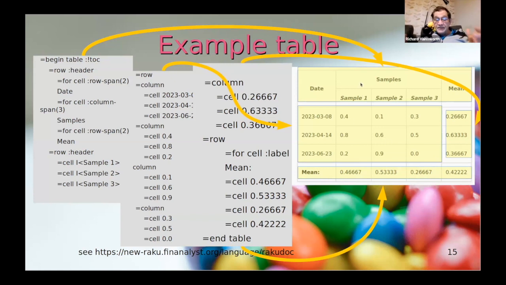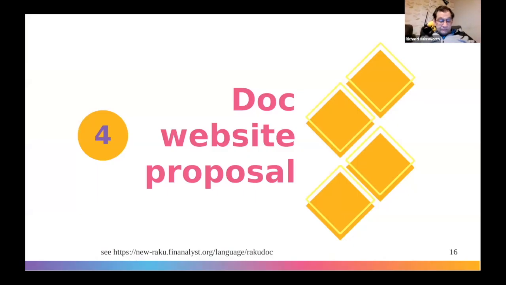And all of that is one way of specifying this table. It means that you can generate tables automatically if you wanted to, and then have them rendered. However, let's go on.